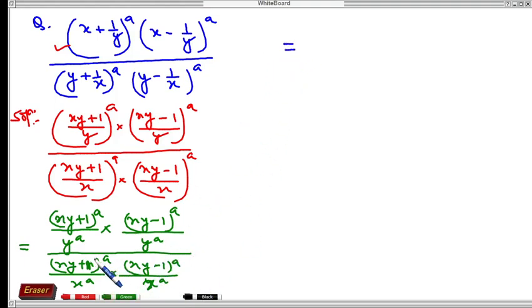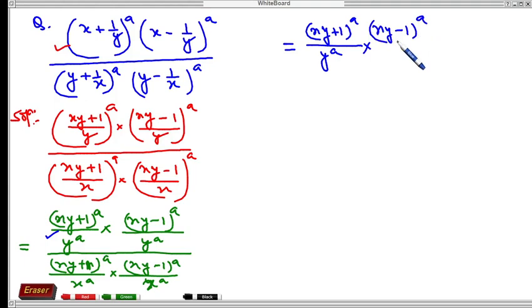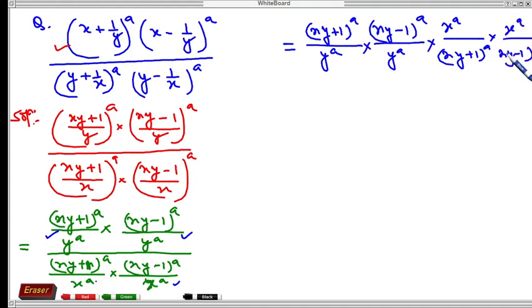And the next step is changing into product form. (xy + 1)^a over y^a times (xy − 1)^a over y^a, and times x^a goes off, x^a over (xy + 1)^a, (xy + 1)^a times, again it goes off, x^a goes off, (xy − 1)^a.